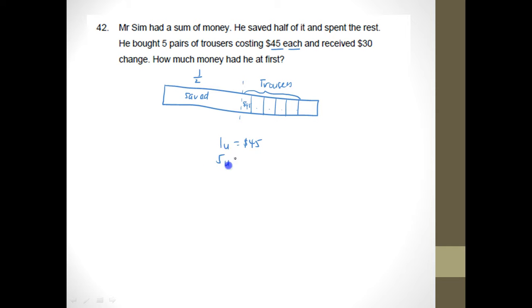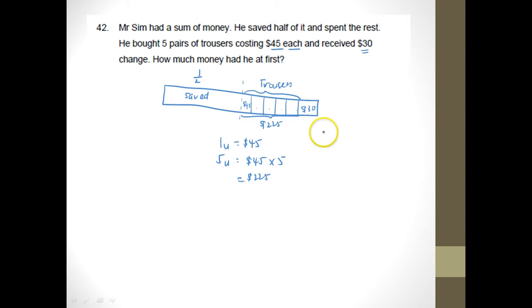So 5 pairs will be 45 times 5, which is $225. So I know this is $225. He received $30 change, so he had $30 left.